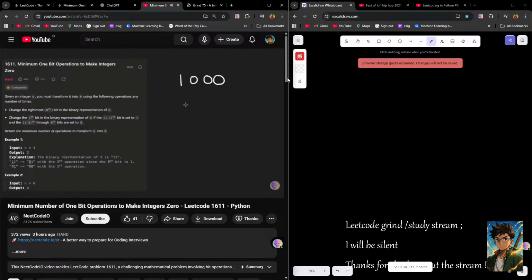Now, if you were to play around with this and try to make this number into 0, you would notice it's going to take quite a few steps. For example, for us to change this bit over here, we know we need a 1 in this spot. How do we do it? Well, for us to do that, we need a 1 in this spot, don't we?